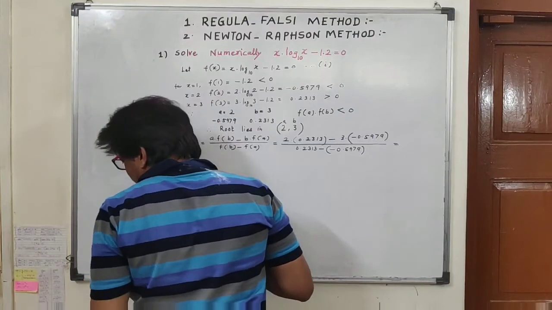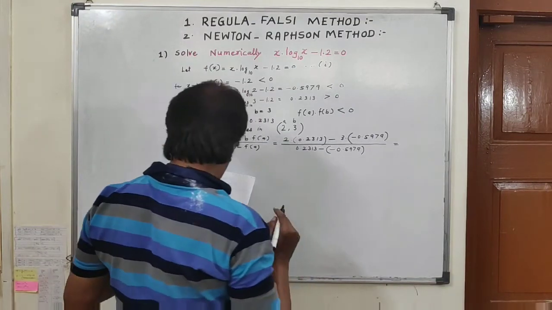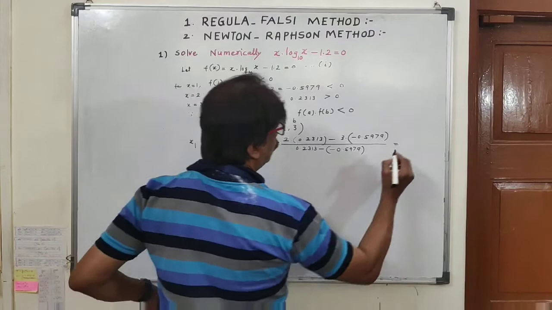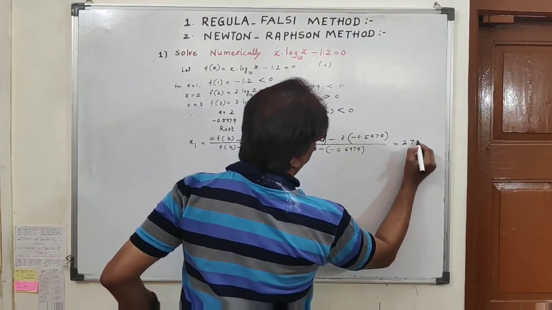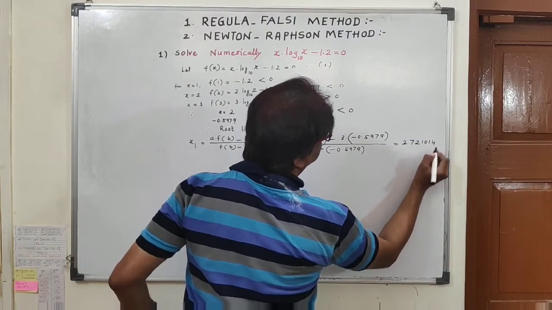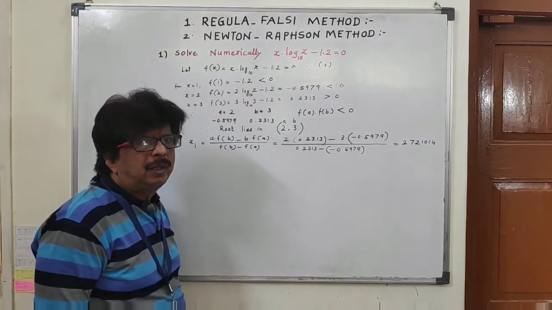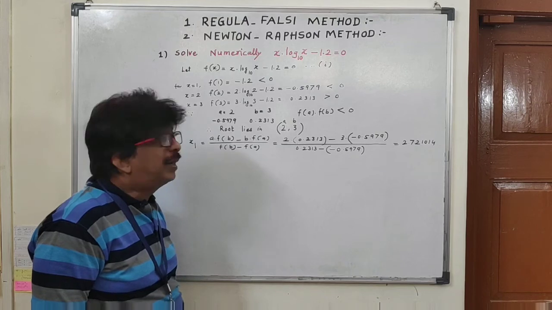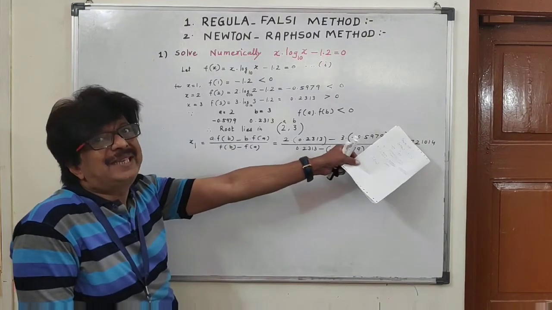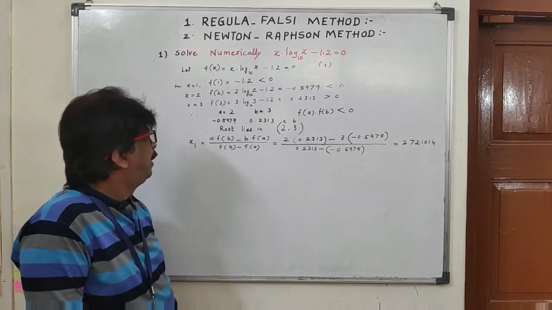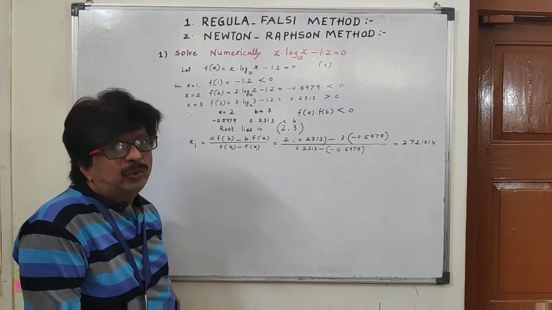This comes out as 2.721014. I am considering the values up to the 6th decimal place. So this is my value of x1.